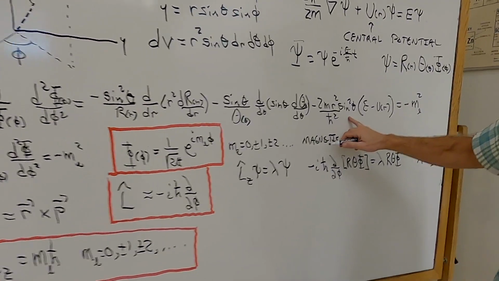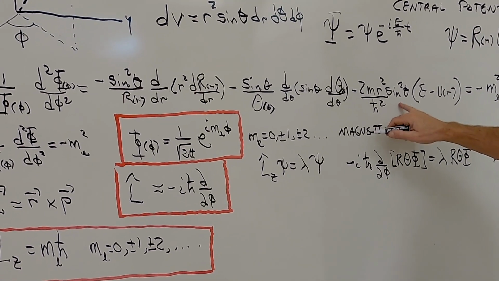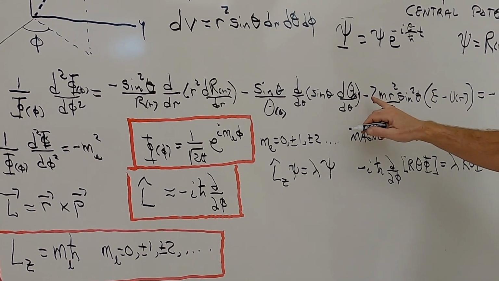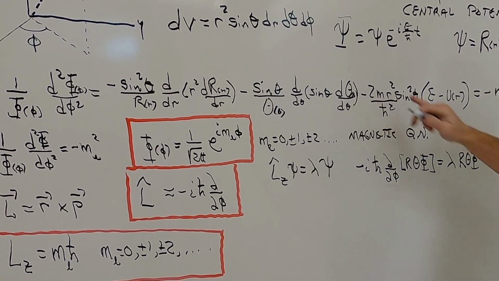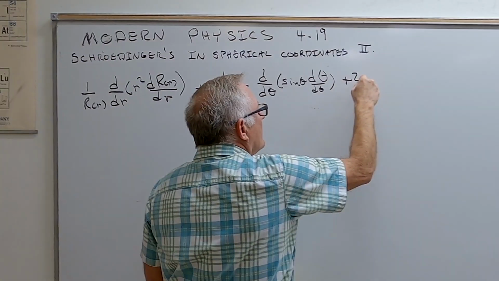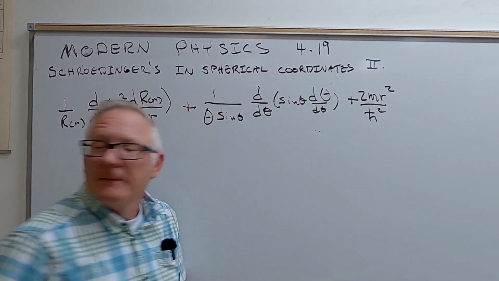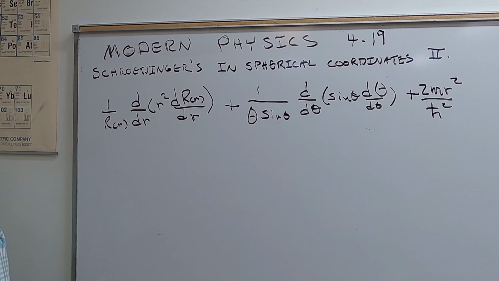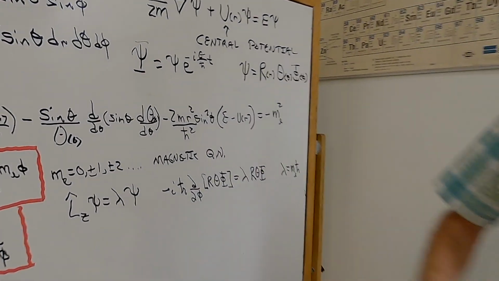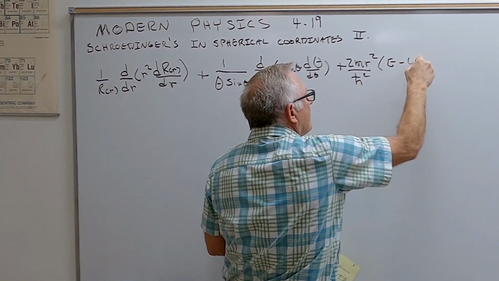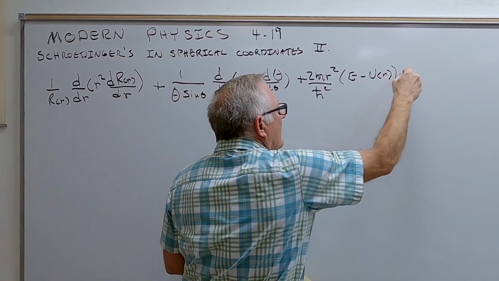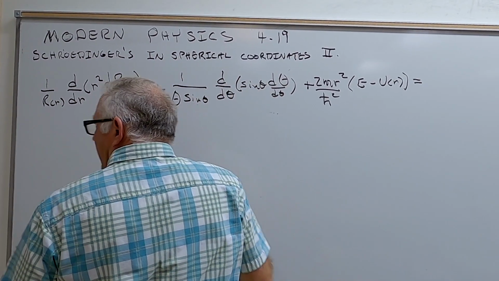Now we're dividing again by minus sine squared. So this sine squared is going out, and that's a plus. So it's plus 2mr squared over h bar squared, E minus U sub r, and that equals the other side, minus m sub l squared.